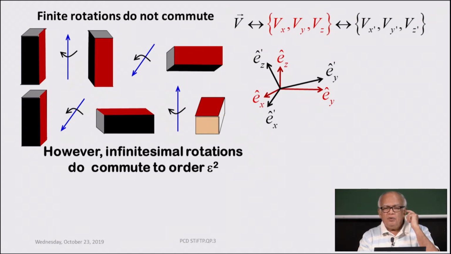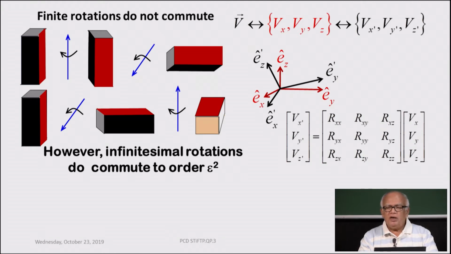And you can see these transformations by looking at how the components of a vector transform to new components when you rotate a coordinate system. You can represent these rotation operators by orthogonal matrices, and rotation operators will have a determinant which is +1, but you may also have some other symmetries like mirror symmetry or parity or inversion and so on, and then the determinant would be -1.